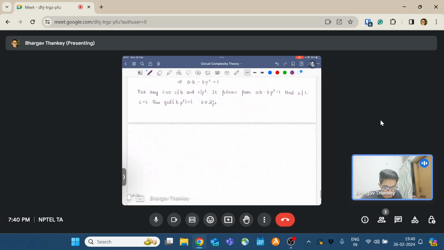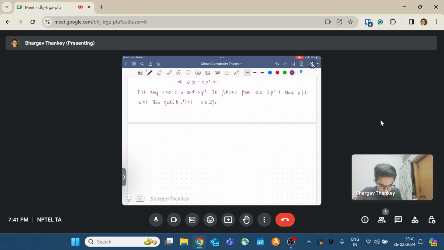Okay, so how can I construct Z cross p to the l? I can look at all the numbers from 1 to p to the l and just remove the numbers which have a common factor with p to the l, right?